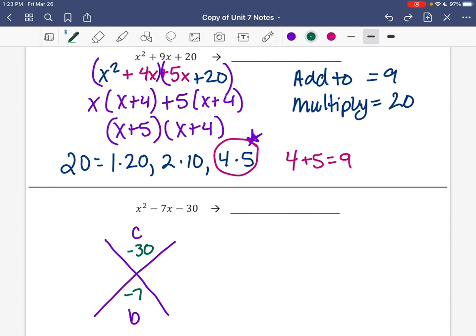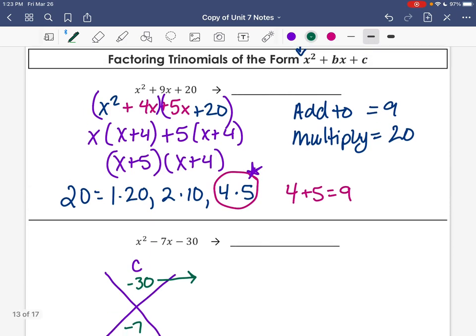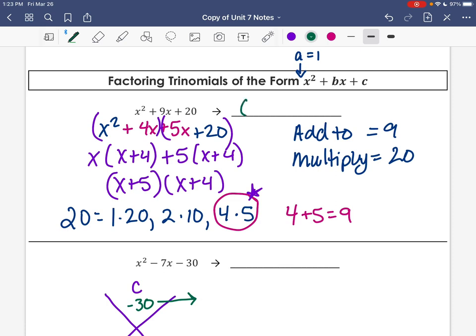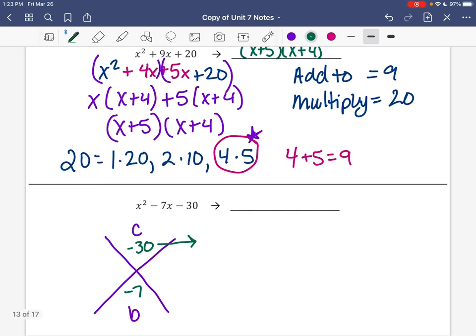All right, so what you have to think about, what are some factors of 30? So some factors of 30, and you can kind of disregard the negative for a minute and just think about factors of 30.